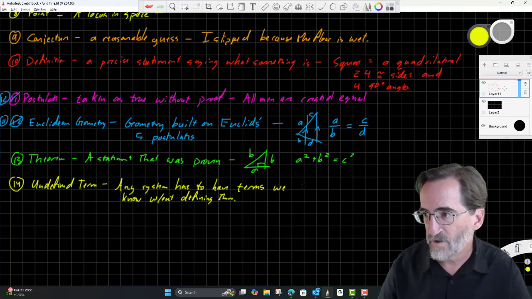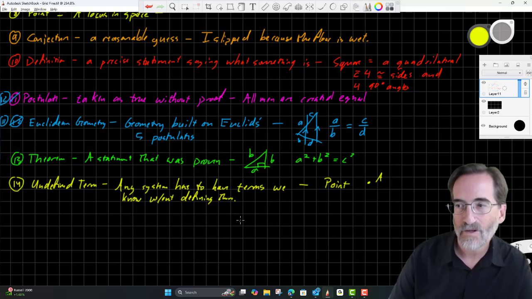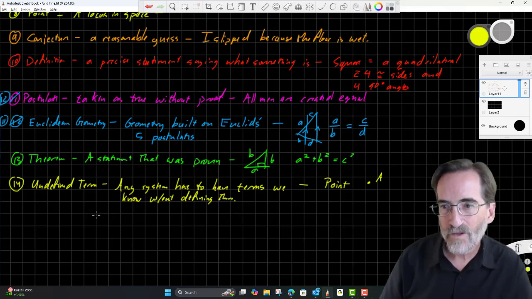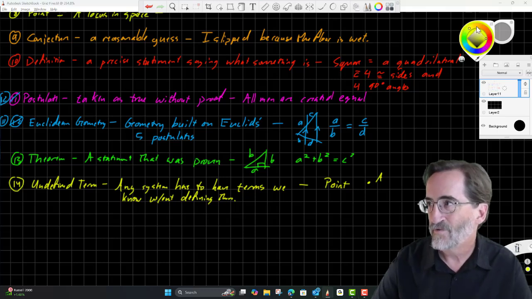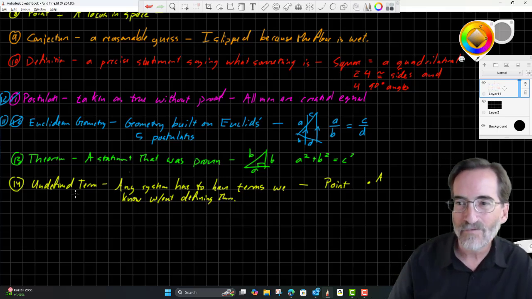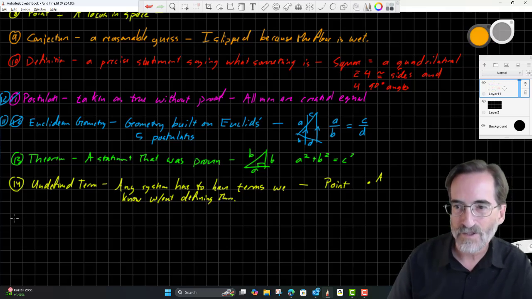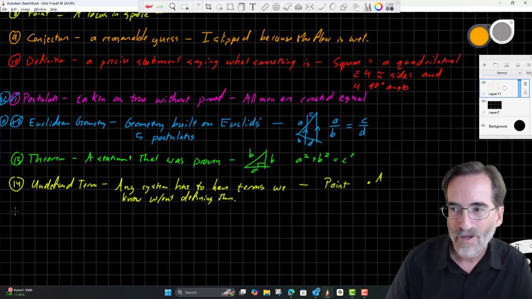These are undefined terms. An example of an undefined term is point. It's a locus in space with 0 dimensions. Okay? Undefined term. And there I go defining it. We define it basically by giving examples and talking about it in detail, but it doesn't have any formal definition.